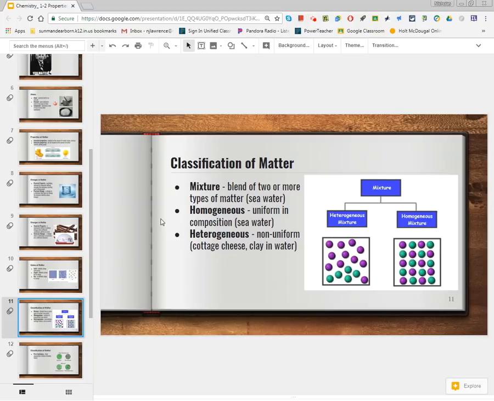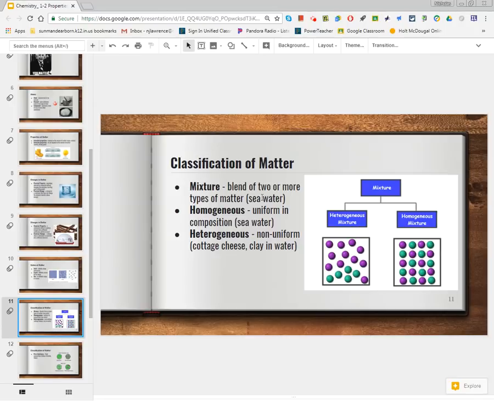When we start talking about grouping things together, we are going to start using the word mixture. A mixture is when we blend two or more types of matter together. This can be a blending of elements, of atoms, of compounds, or even of two other solutions that may be out there. So an example of a mixture would be seawater.